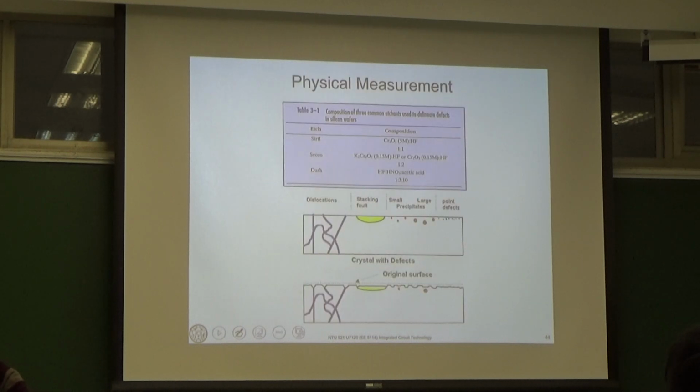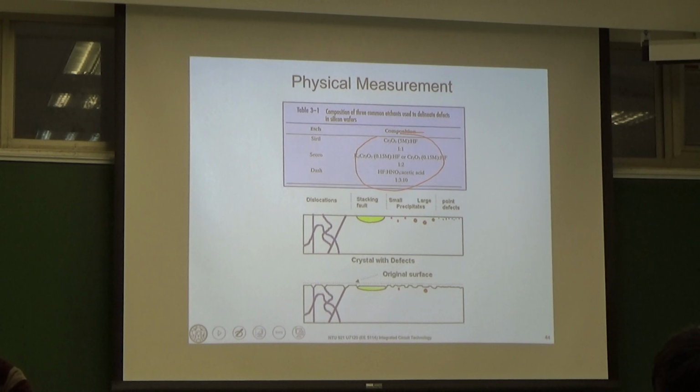And we can also do some physical measurement. We can use some etching agents, the ones listed here. If you put your device or material into this etchant, it will create different etch patterns or etch profiles.